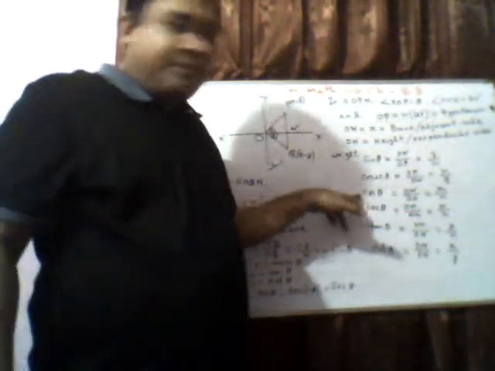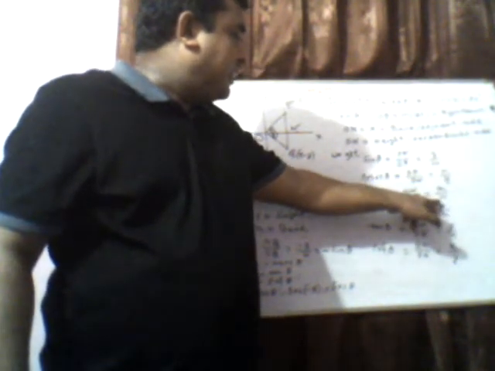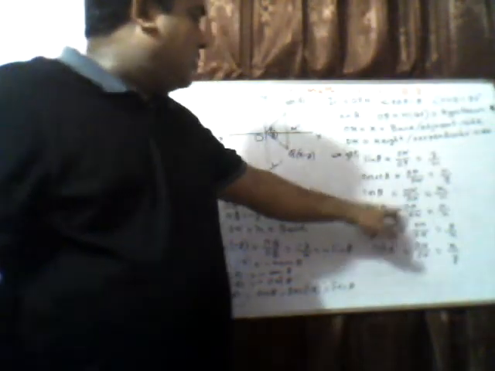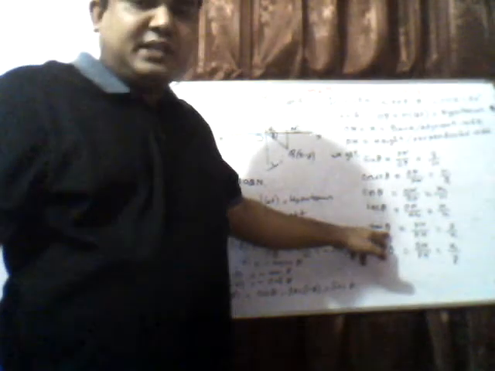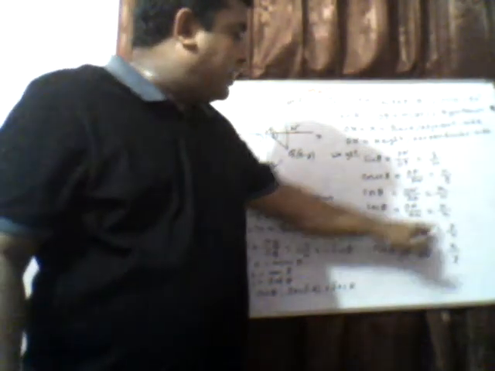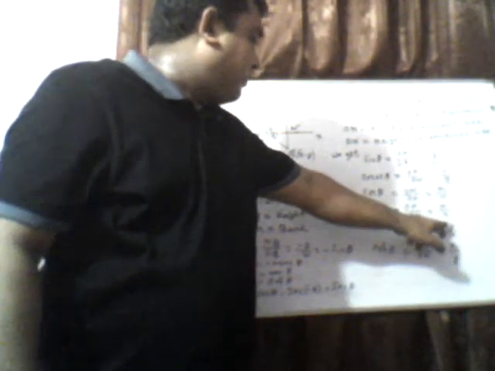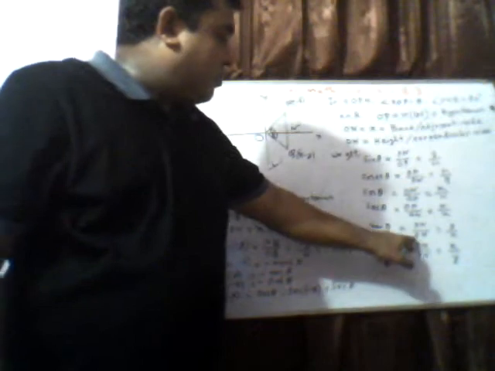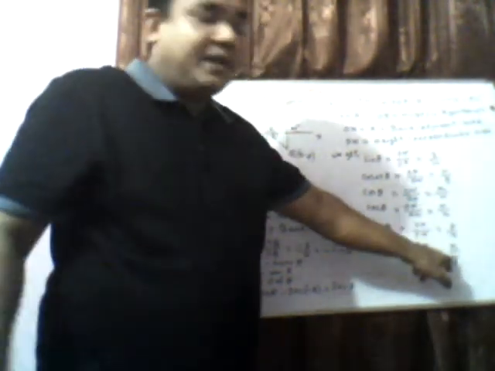Sec theta equals OP divided by ON equals r divided by x. Tan theta equals PN divided by ON equals y divided by x, that means perpendicular divided by base. Similarly, cot theta equals ON divided by PN, that means x divided by y, base divided by height.